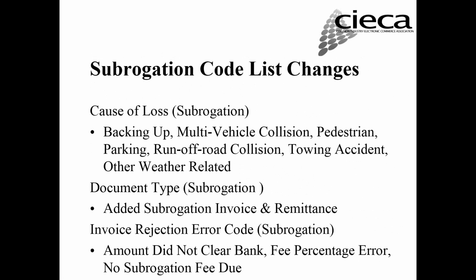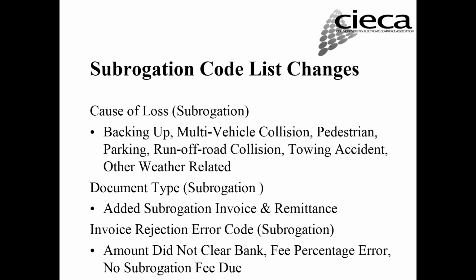The subrogation code list changes were to cause of loss. New causes of loss were backing up, multi-vehicle collision, pedestrian, parking, run off-road collision, towing accident, and other weather-related. To document type, we added subrogation, invoice, and remittance.